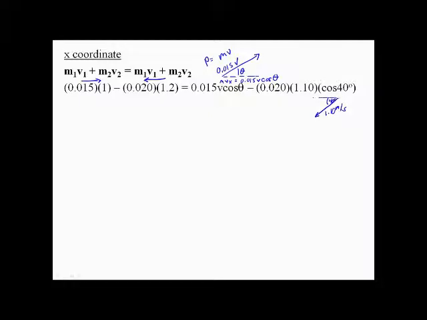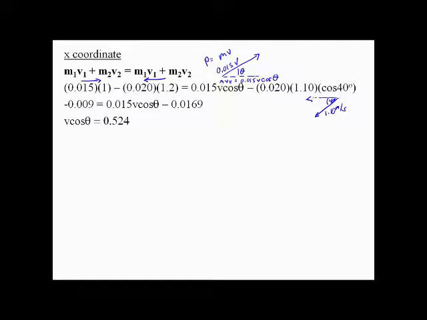But it's going to the left, towards the negative, so that's why we're going to subtract it. I tried not to go too fast here. I tried to take the algebra step by step. So I added the momenta on the other side, and they become negative. And then I figured out what this is in my calculator. There wasn't anything I could do here. That had to stay 0.015 v cosine theta.